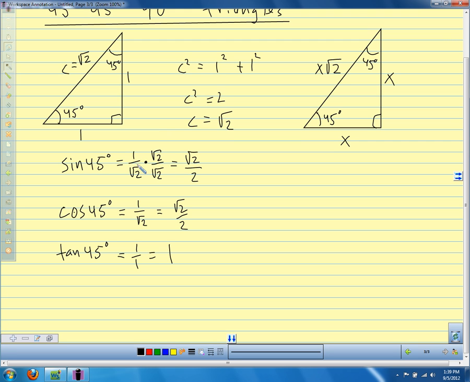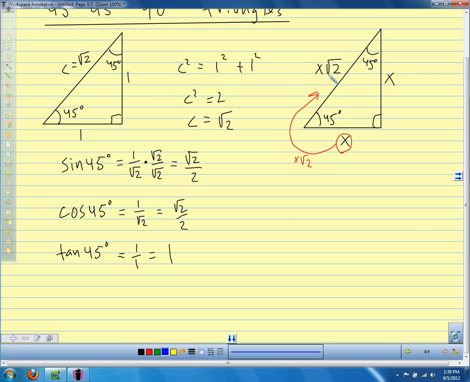All right. Part of what we're going to do today is work with 45, 45, 90 triangles. So I just want to remind you how to go back and forth between the sides of the triangles. My shorthand here is to go from a side to the hypotenuse, we multiply times the square root of 2.